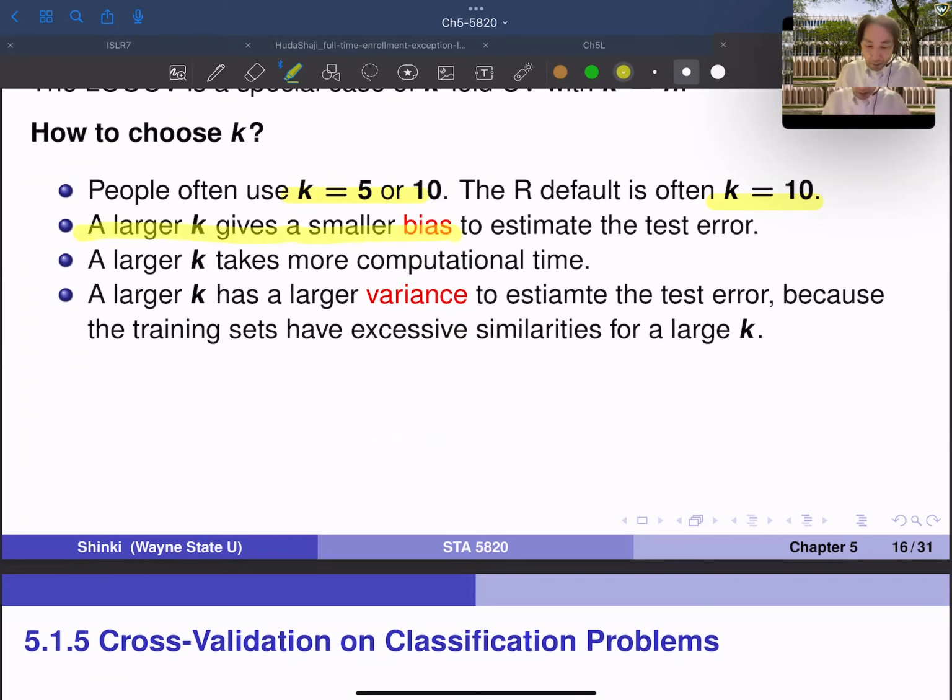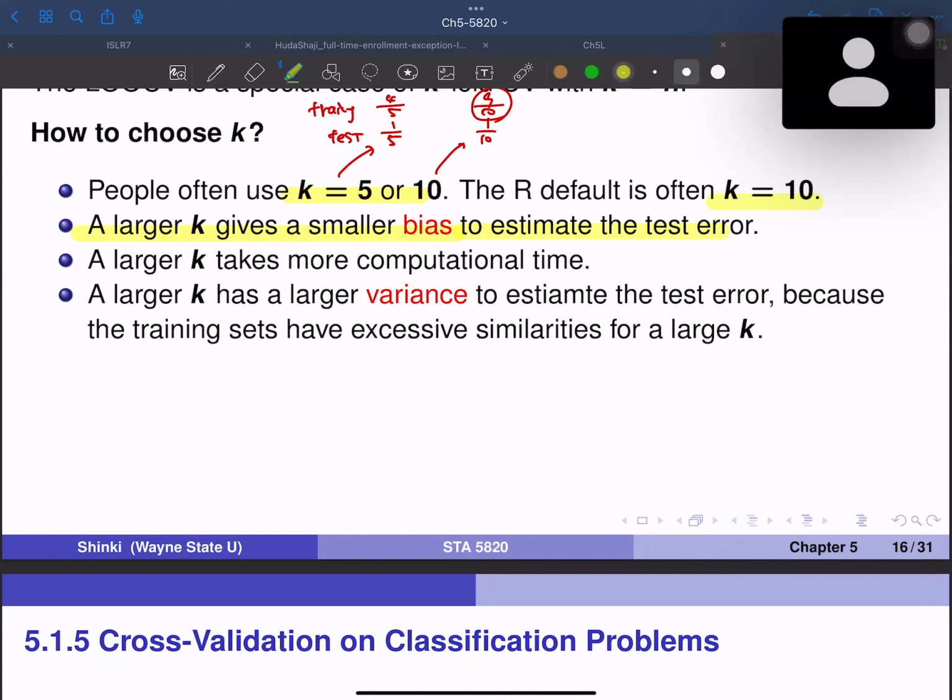And large K gives smaller bias, because when K is equal to 5, the test data set is 1/5, and when it is 10, it is 1/10. So training is 4/5, and 9/10. So 9/10 is closer to 100%. So it's better.